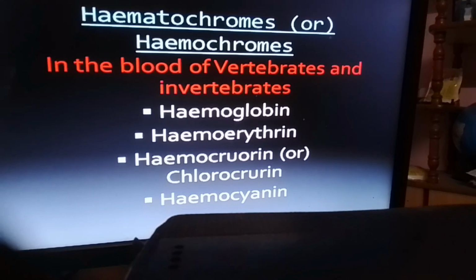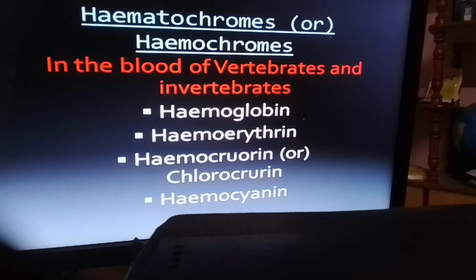So the substance or molecule which gives color to the blood is called hematochromes or hemochromes. They are available both among the vertebrates as well as invertebrates.